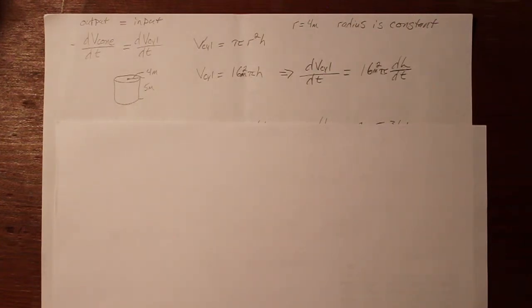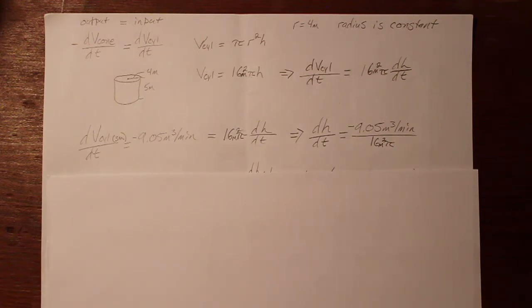Using implicit differentiation again, we find that the rate of change of volume in the cylindrical tank with respect to time is equal to 16 meters squared times pi times the derivative of h with respect to time, because the 16 meters squared pi is a constant multiple. It gets to just go along for the ride.